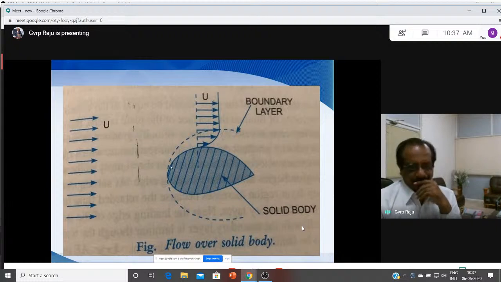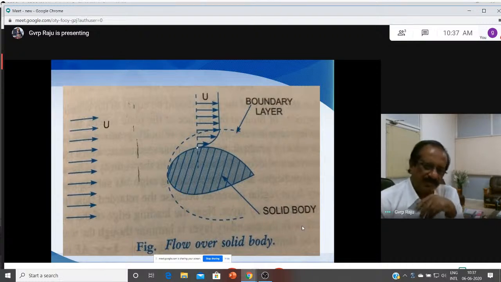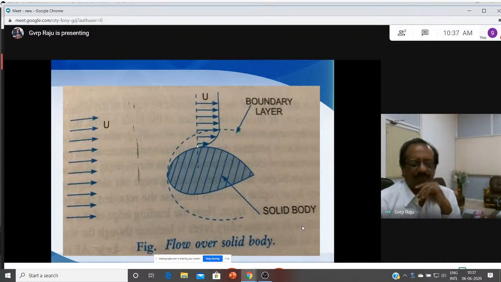So here the velocity is 0, and suppose you consider a point slightly away from the solid body. No doubt the velocity here is 0, and you can assume a nonlinear variation for the flow in the region away from the solid body. Suppose you go slightly away from the solid body, what happens here?